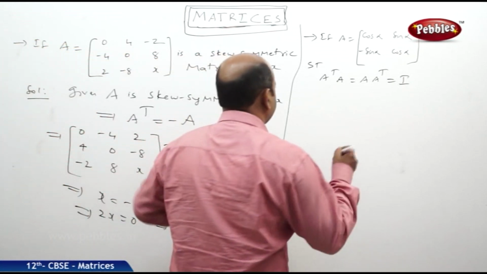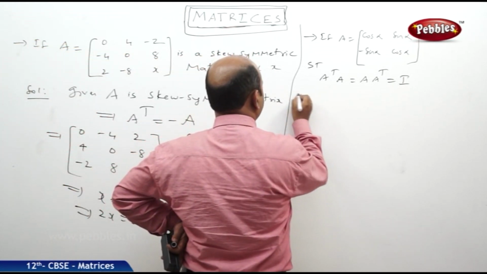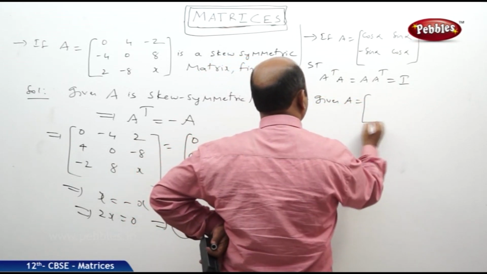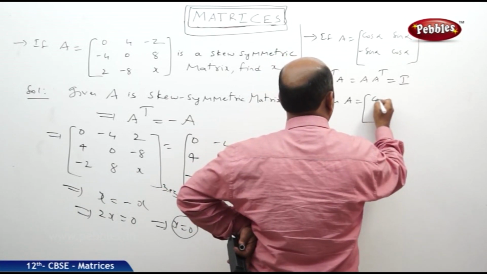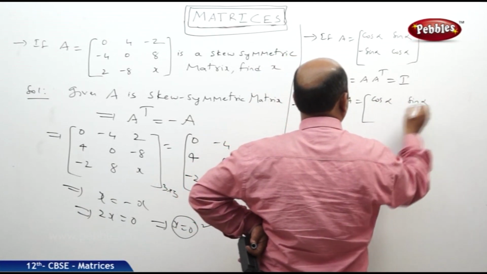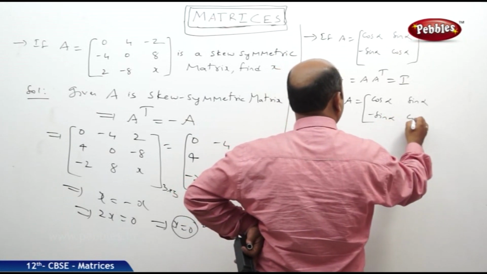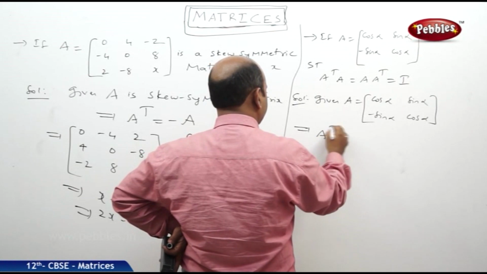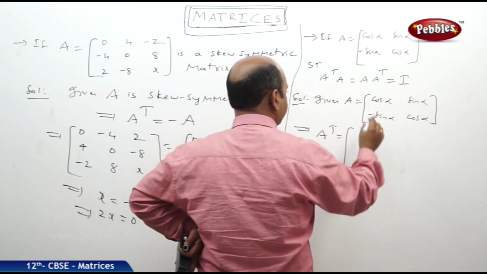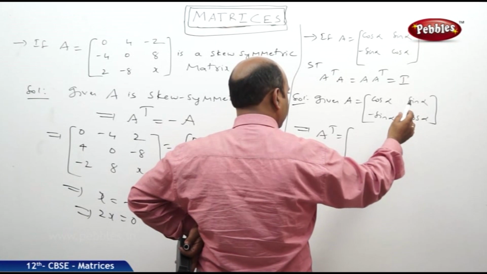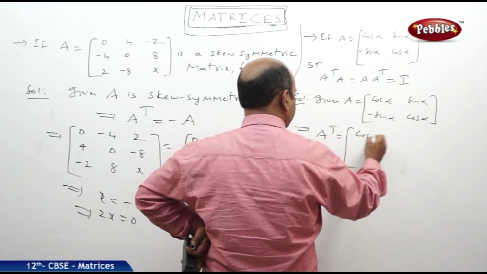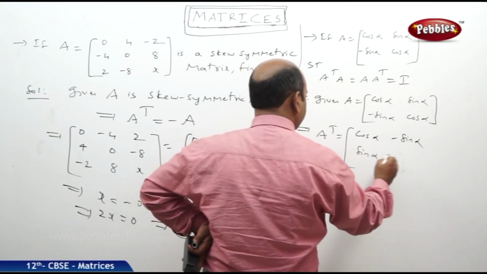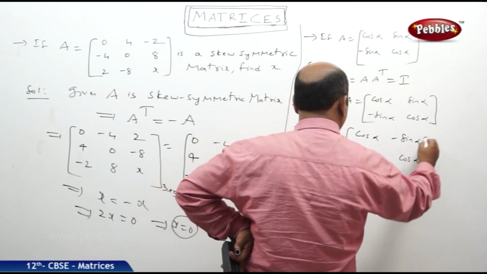So what I will be doing, solution here: given capital A is equal to cos alpha, sin alpha; minus sin alpha, cos alpha, and here A transpose. A transpose means I can make this column into a row and that column into a row. So what happens? Cos alpha, minus sin alpha; and here sin alpha, and here cos alpha.